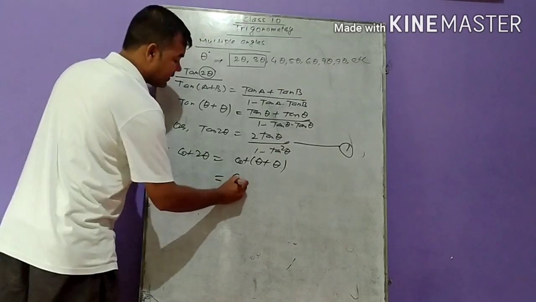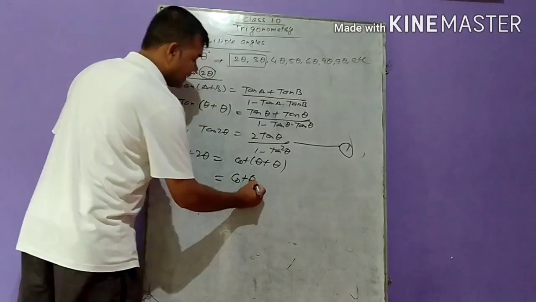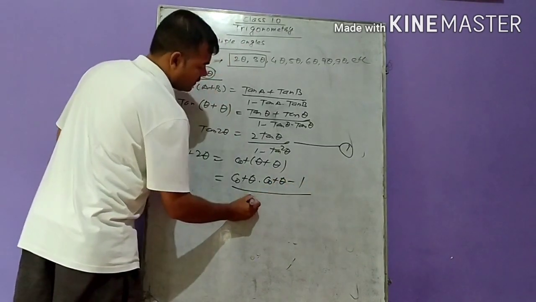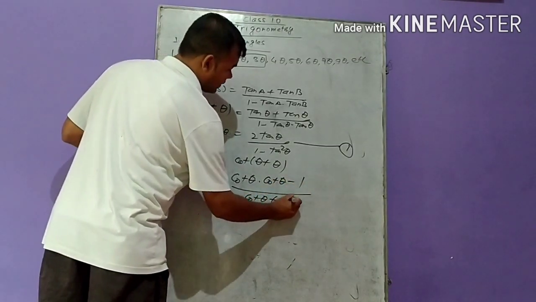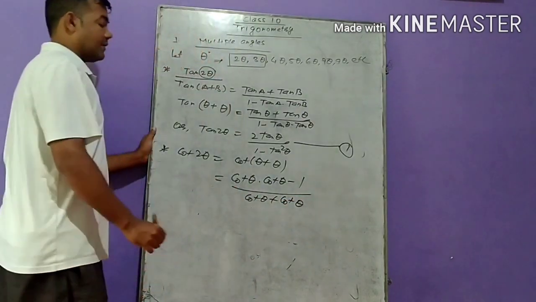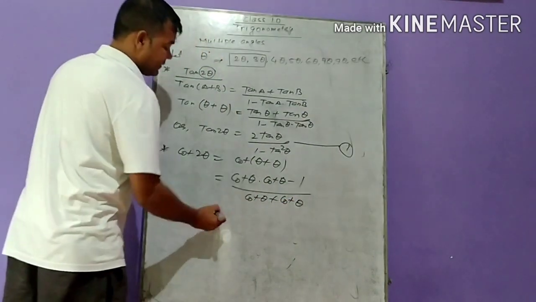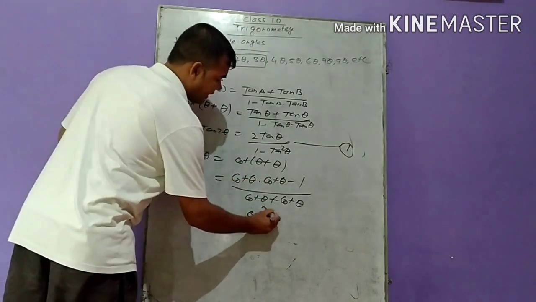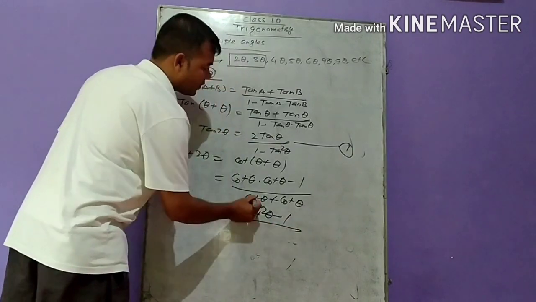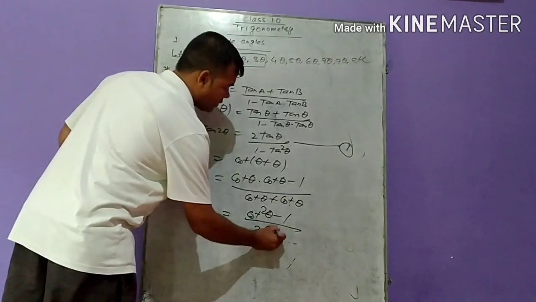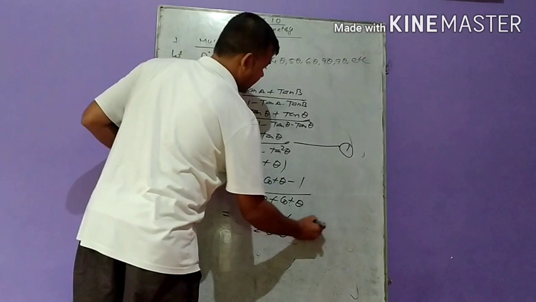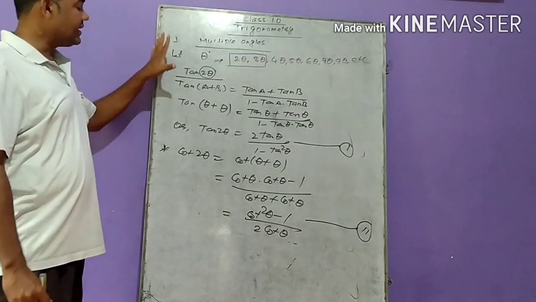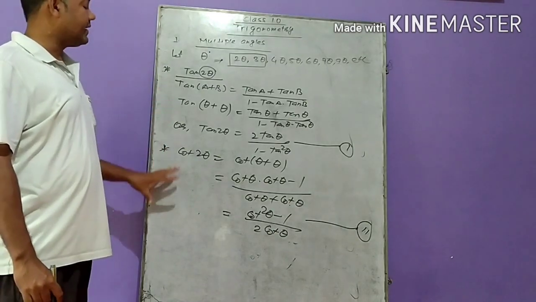So we can write cot A into cot B minus 1 upon cot A plus cot B. It is our formula of cot A plus B. Cot theta into cot theta means cot square theta minus 1 by cot theta plus cot theta, which means 2 cot theta. This is our another identity. So these much identities are important identities.